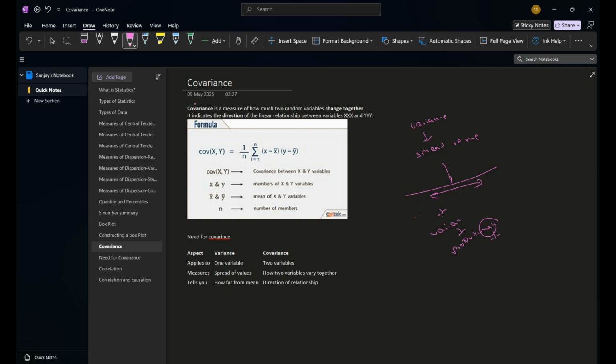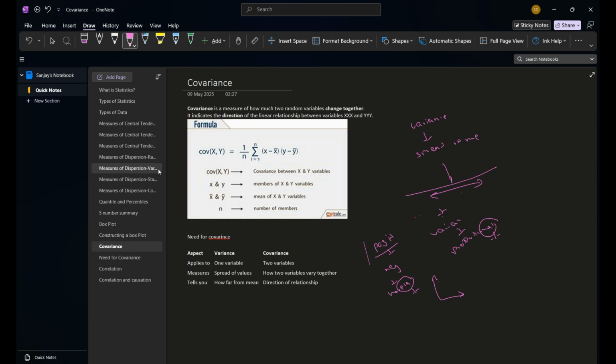The formal definition of covariance is a measure of how much two random variables change together. It indicates the direction of the linear relationship between x and y, whether it is a positive relation or a negative relation, or whether it has no relation.